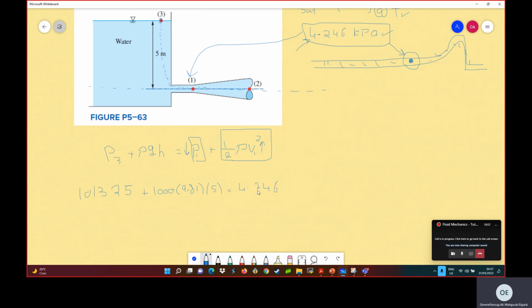Sorry, here you need to multiply by 1000, because this is in kilopascals, so you shift the decimal by 3: 4.246 multiplied by 1000. And then plus half, the density is 1000, and you have V1 squared. Find V1.